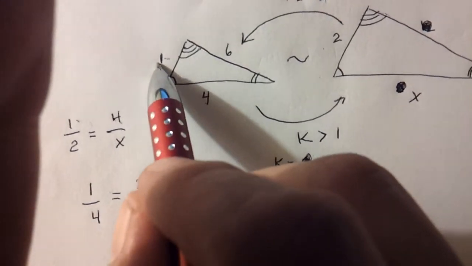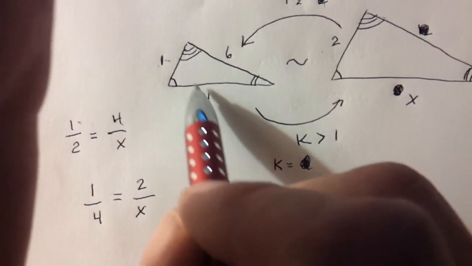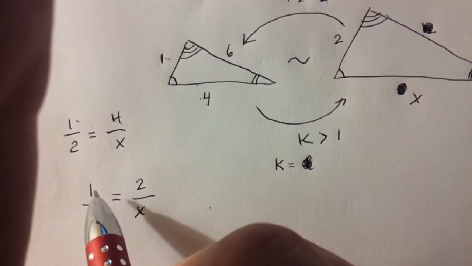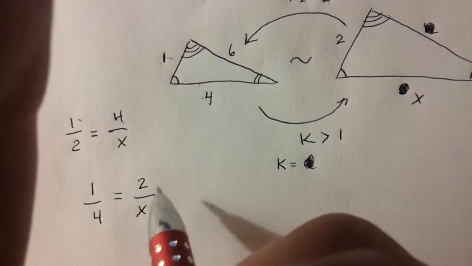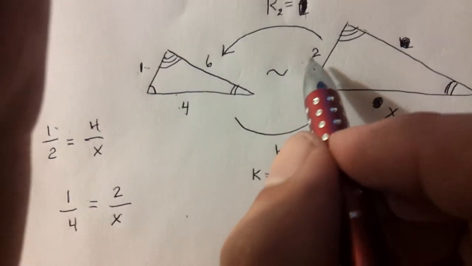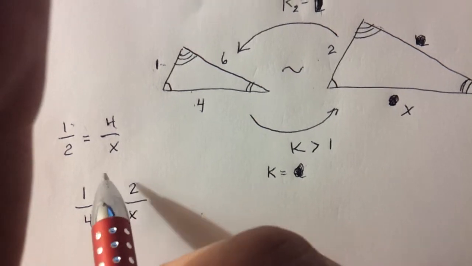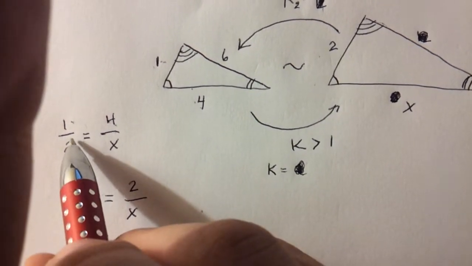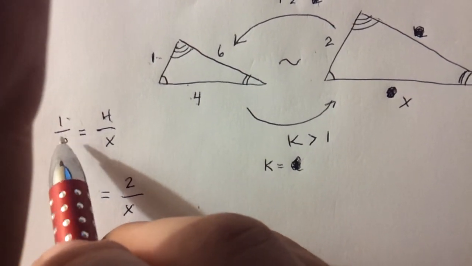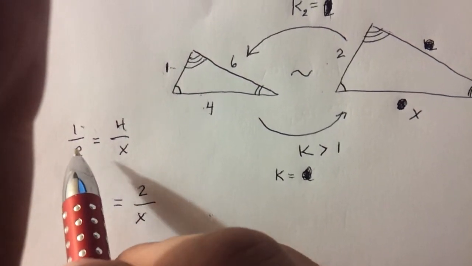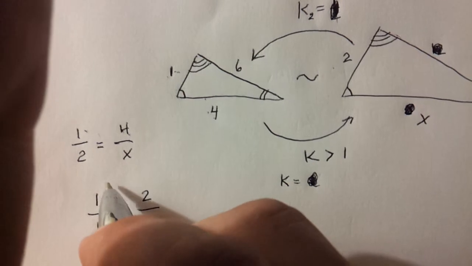This is telling me that the proportion of this side to that side, if I put those two sides together, their measures are related in a 1 to 4 ratio, the same as these two sides together. Whereas if I look at this one, I'm looking at the ratio up and down.